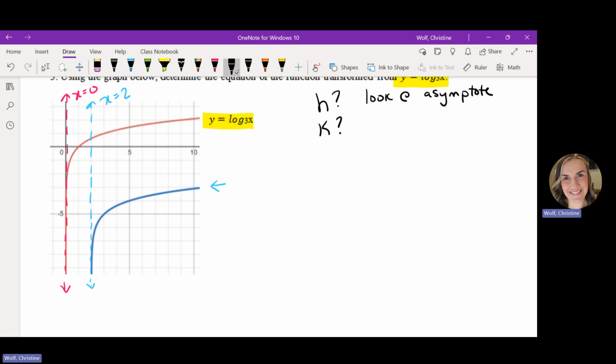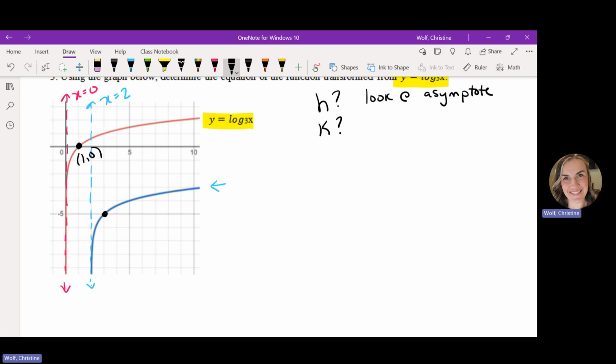The way I figure out what we shifted is I pick a point on the red one, and I like to pick an exact point. That exact point is (1, 0). And then I pick the corresponding point on the blue one.